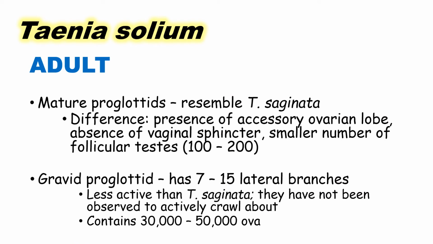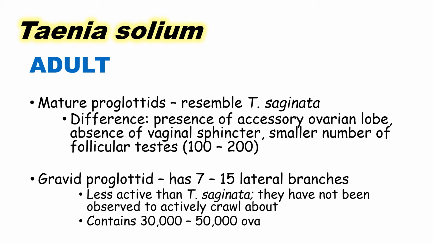Okay, so now let's move on to the proglottids of T. solium. Its mature proglottids resemble T. saginata. However, the differences are that T. solium has an accessory ovarian lobe and an absence of vaginal sphincter. And for its follicular testes, it has a lesser number compared to T. saginata.